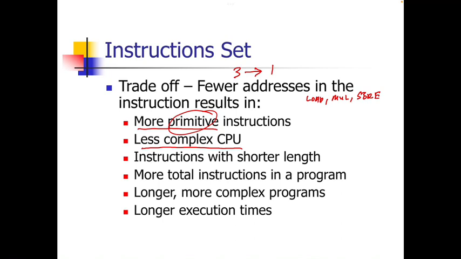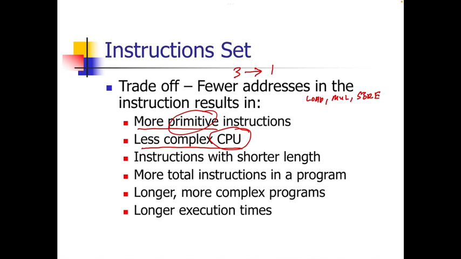And the CPU is very happy to have one address, because the CPU can just do words one by one. Next, when we go from three to one address, you can refer to your slide: the instruction has shorter length.